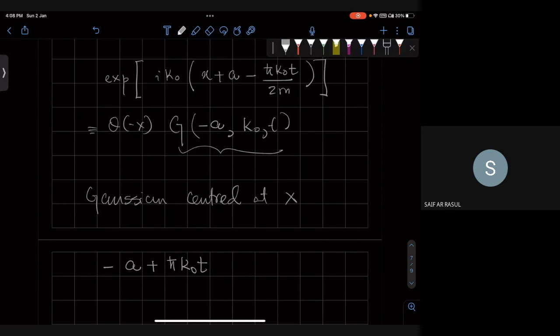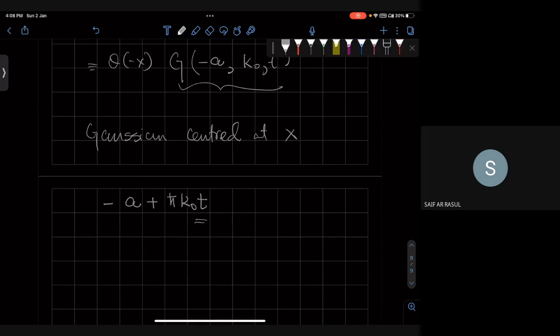This is what it is. So with time t, it's going to change, right? So as time t goes to infinity, what happens is that this factor becomes a positive factor, right?